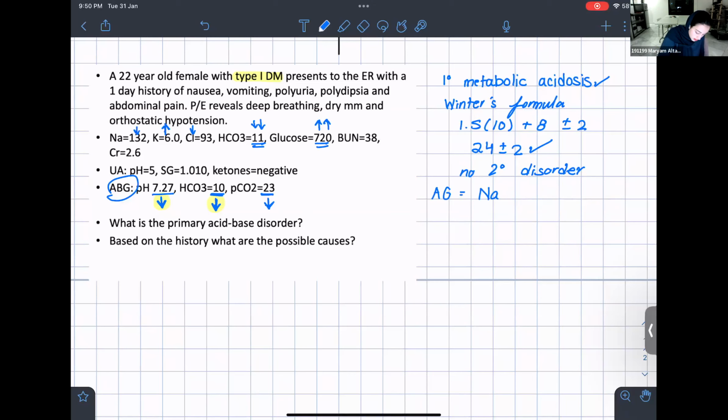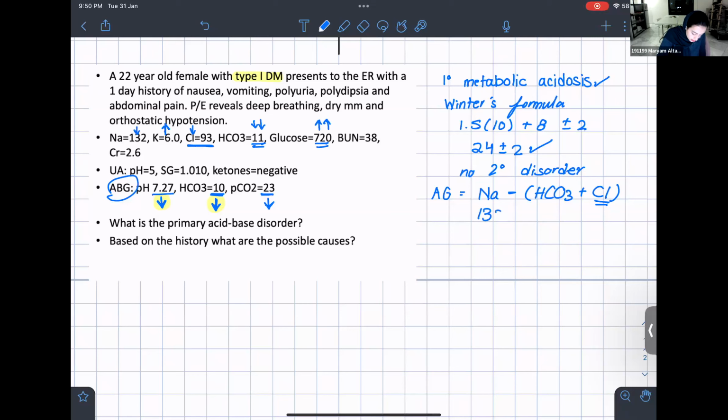Sodium minus the sum of bicarb plus chloride. And already from the labs, we know that chloride is low, right? We said chloride is low, and in a non-anion gap acidosis, chloride is supposed to increase. So without even doing the calculation, you can start to see that this is an anion gap metabolic acidosis. Again, we'll calculate it for the sake of you guys practicing.